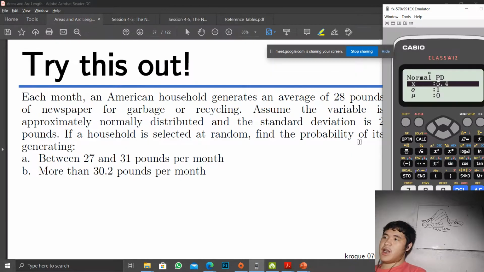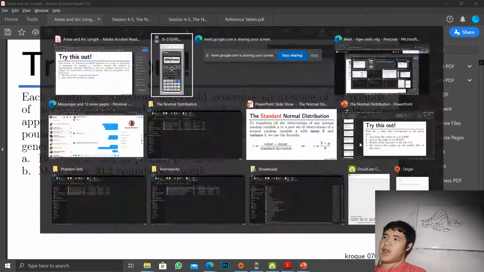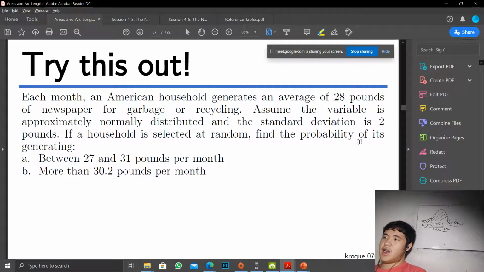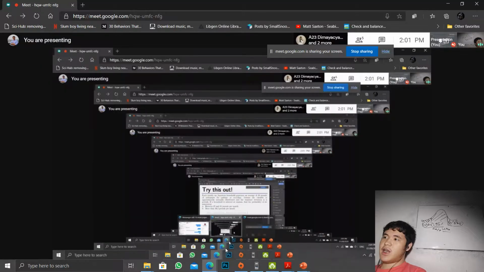Ngayon, I want you to try this first. Sige nga. I'll give you 5 minutes. Use your calculator. Basically sharing, guys. I'll give you 5 minutes for that.